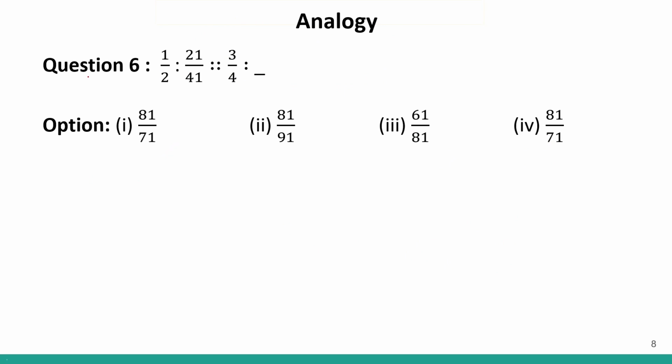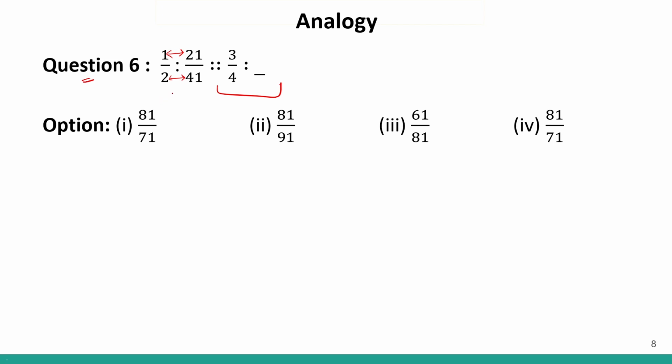Question number 6. We have 1 by 2, 21 by 41, and we have to find out 3 by 4. So the first thing is to find the relationship in this pair and then use the same logic in this pair. So I have to find the relationship between 1 and 21 and 2 and 41.